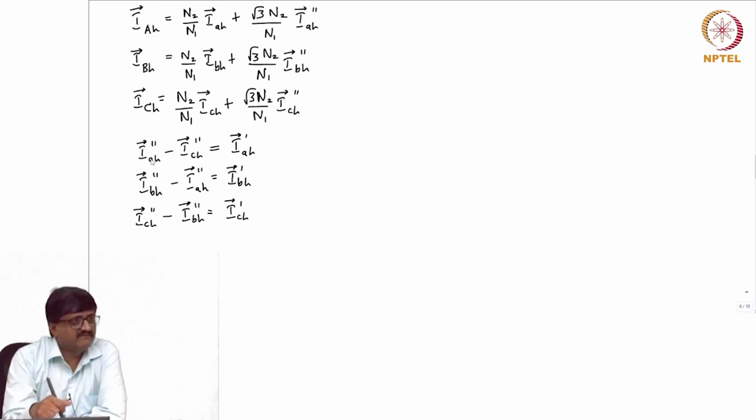What is that? You can try to solve for these double prime currents in terms of single prime. You will see that there is a problem. What will be the problem? There are fewer equations and more unknowns, so you can't get the solution that we want. So I need one more equation which is independent of these three.